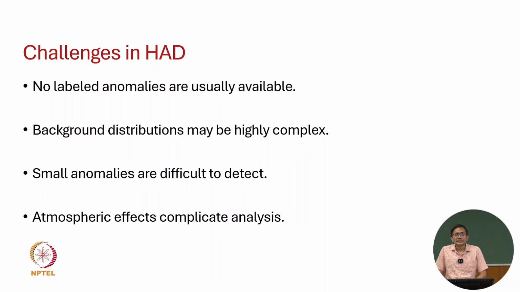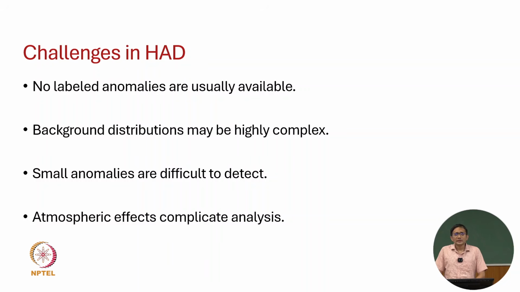The challenges in hyperspectral anomaly detection include the fact that we generally do not have any labeled data of anomalies. If we had, this is the anomaly that we need to detect and this is its corresponding training data, this would become a target detection problem and wouldn't be an anomaly detection problem.